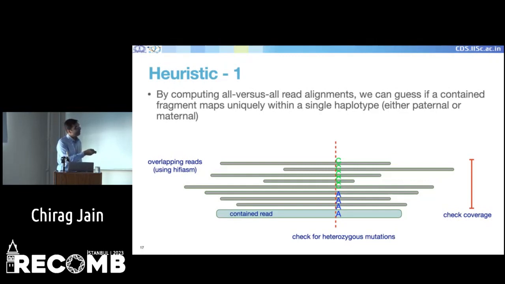And if the coverage of the all-to-all read overlaps is not significantly high, then I also know that the contained read should map to a single location in my true genome. So this heuristic is employed to detect the contained reads which can be removed safely from the analysis.